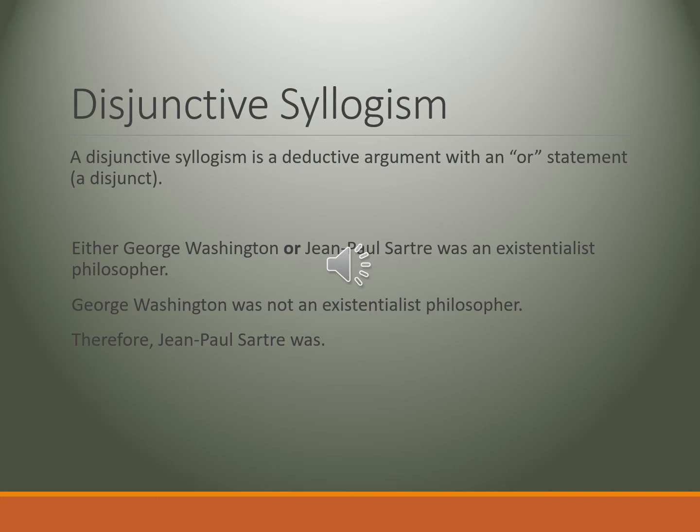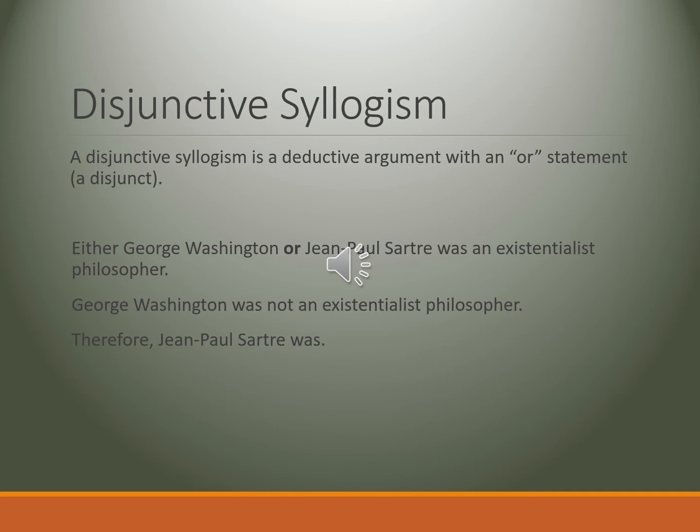A disjunctive syllogism is another deductive argument pattern. It's different than the hypothetical syllogism because instead of having a conditional or an if-then statement, the key feature of a disjunctive syllogism is it contains a disjunctive statement, and that's just basically an either-or statement.